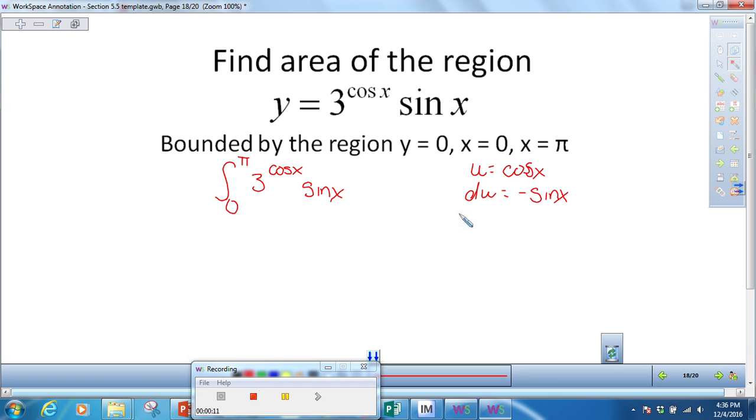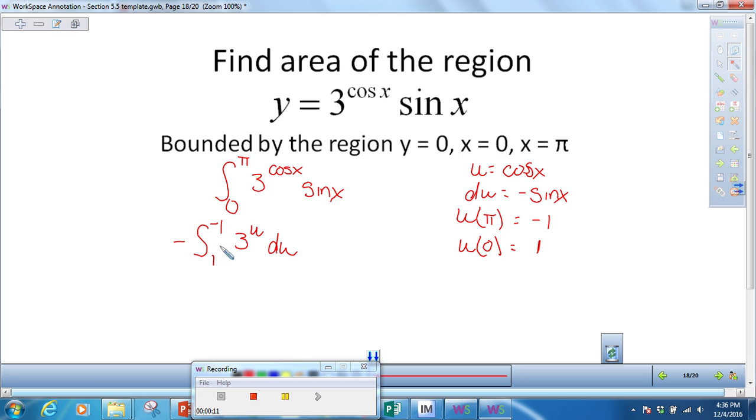Let's change our limits. u of pi, the cosine of pi, is negative 1, and u of 0, cosine of 0, is 1. Okay, so notice all these negatives. For now I'm going to write it as negative. Then it'll go from 1 to negative 1 of 3 to the u du.